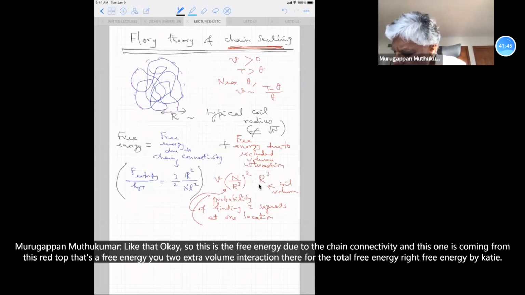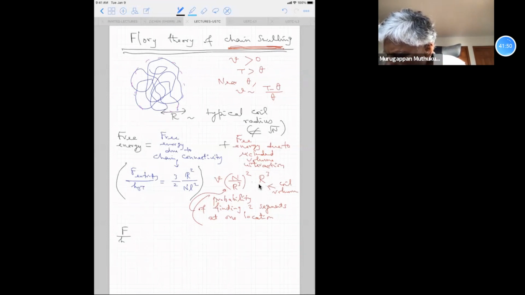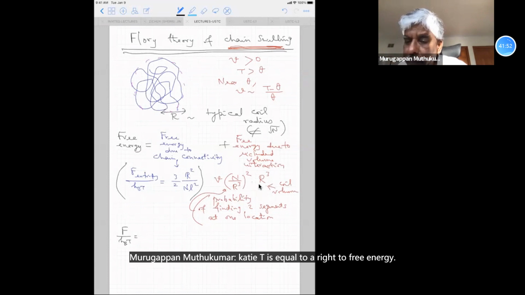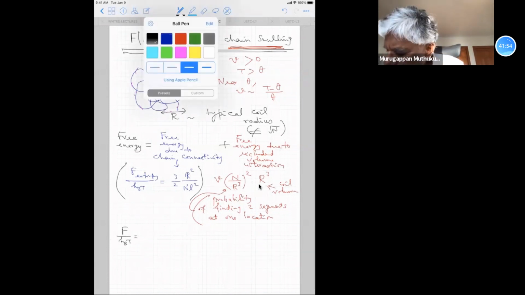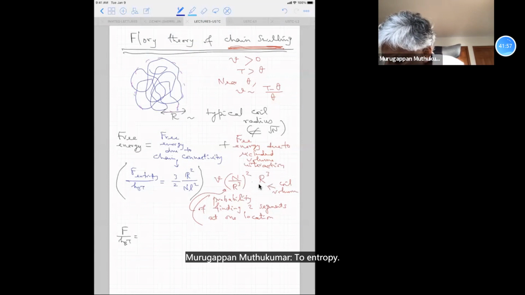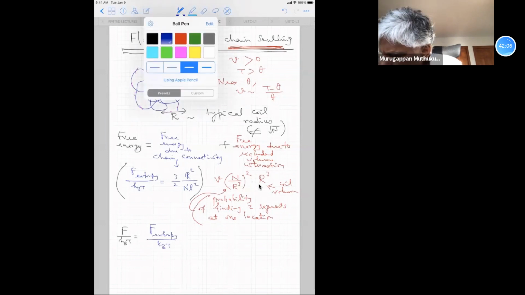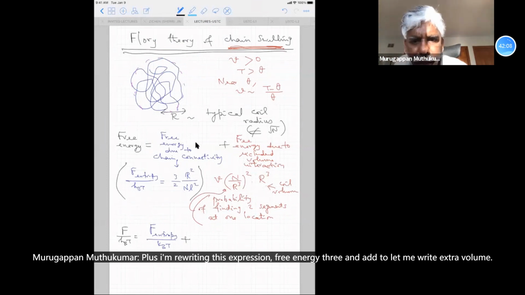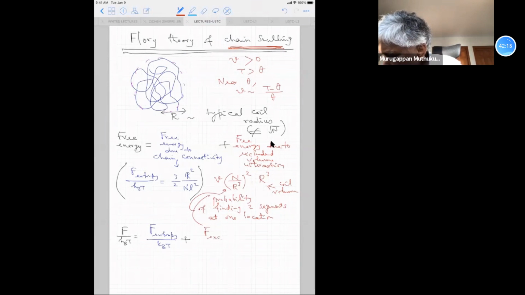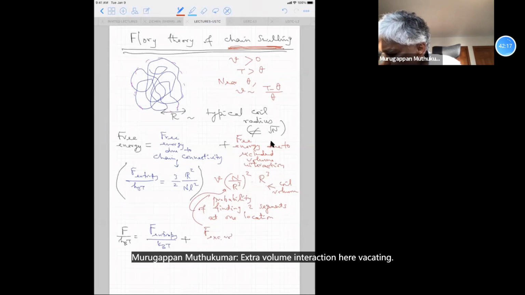Therefore, the total free energy, I write free energy by KBT, is equal to the free energy due to entropy by KT plus, I'm rewriting this expression, the free energy due to excluded volume interaction by KT.